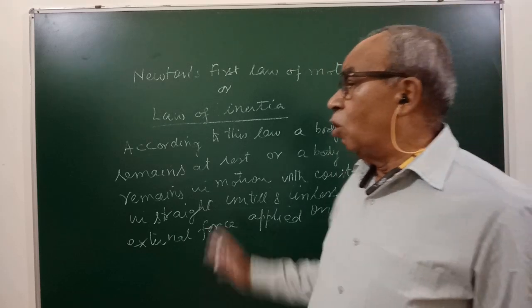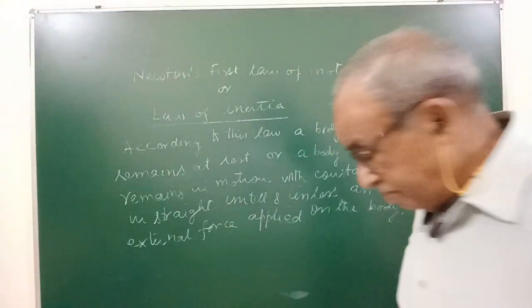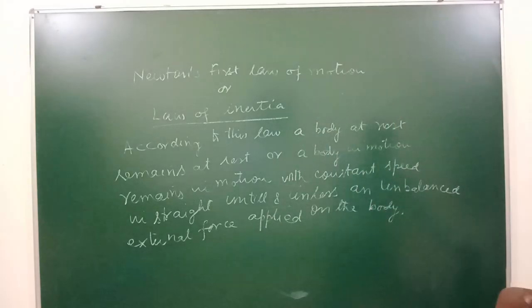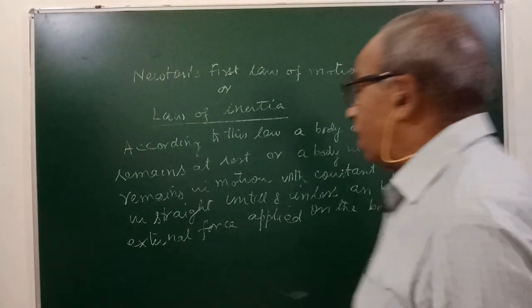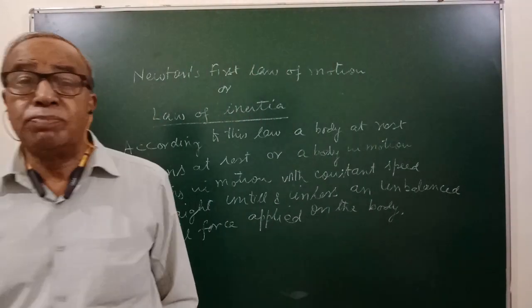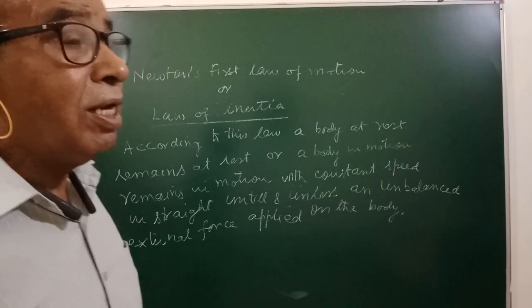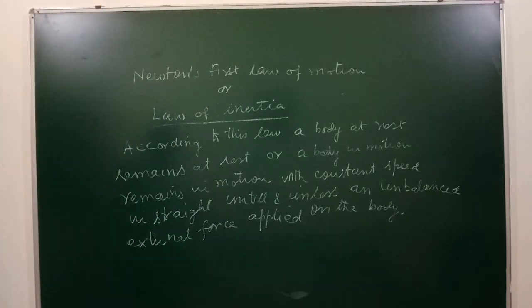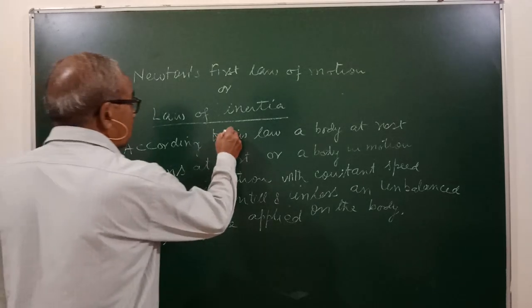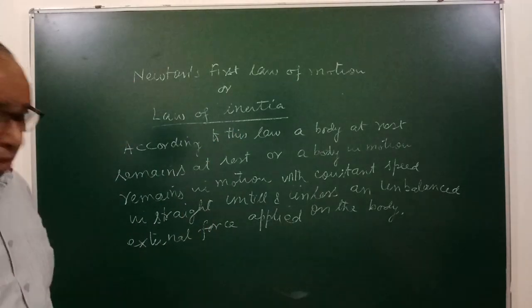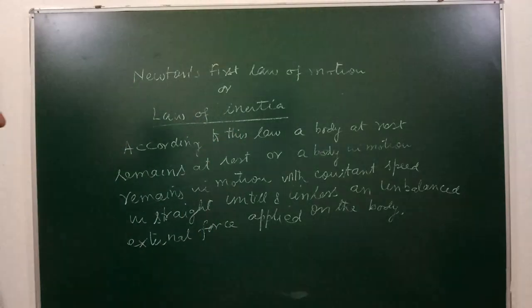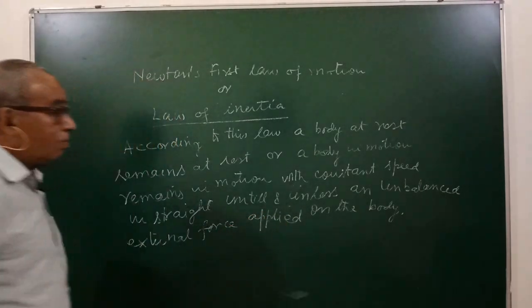Newton gave these laws nearly 400 years ago, and we are unable to understand them now because we are in a hurry. We have to see things with care and with peace in mind.